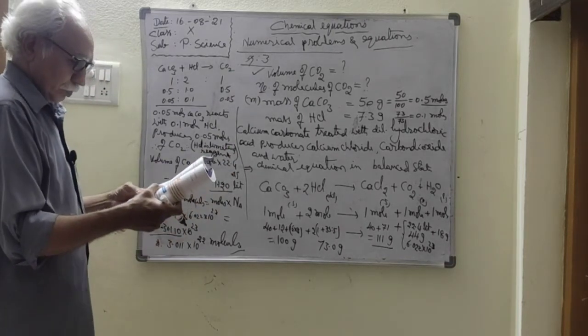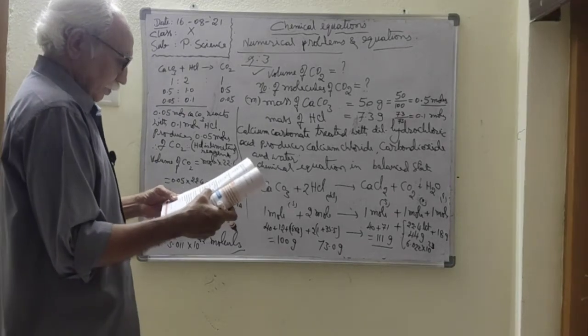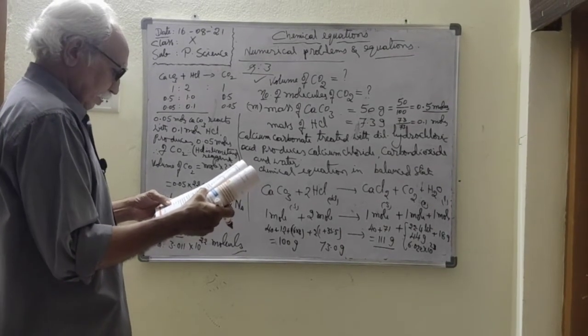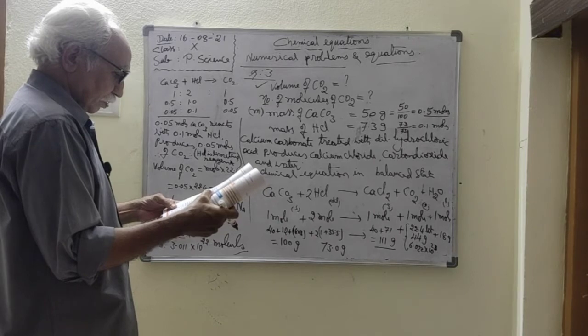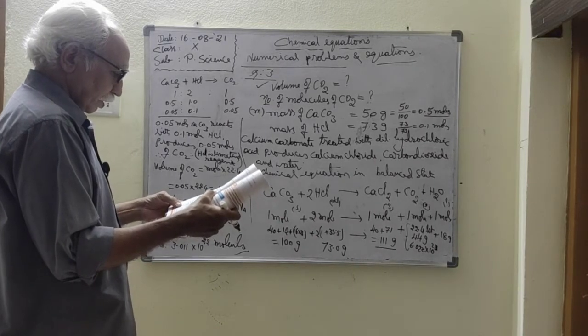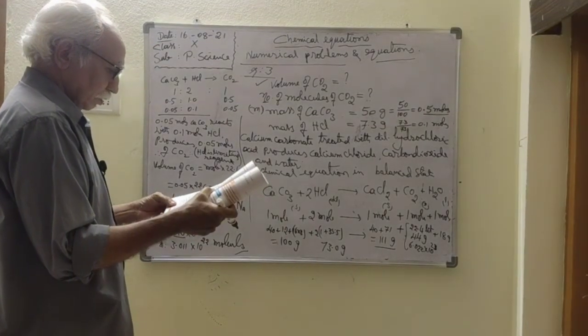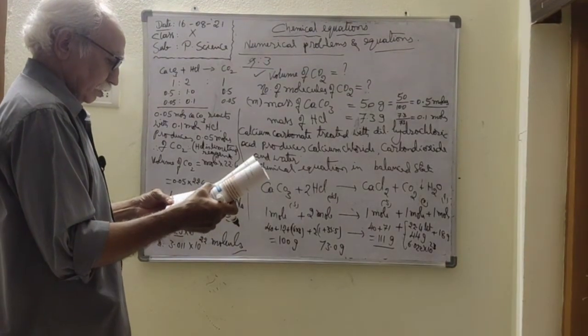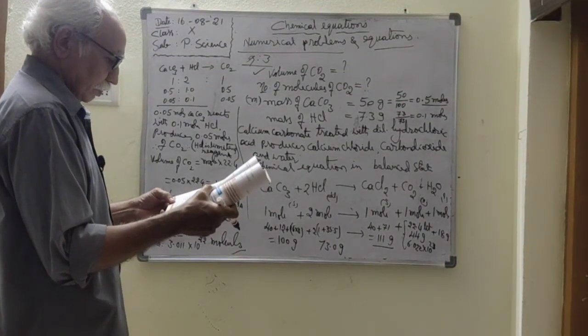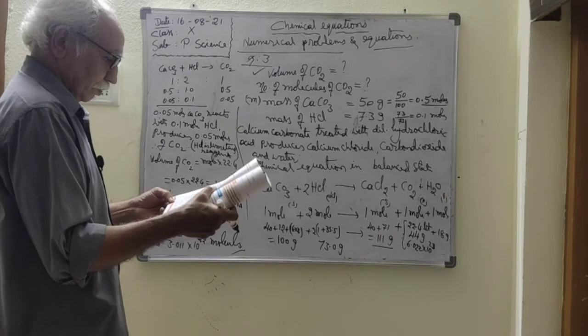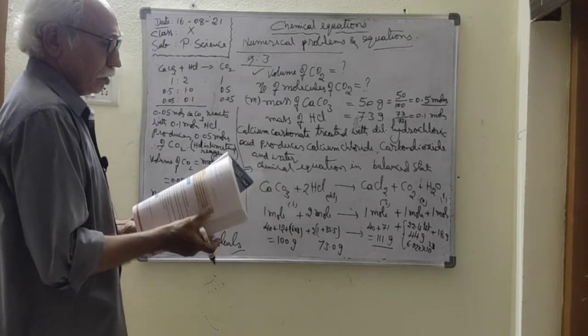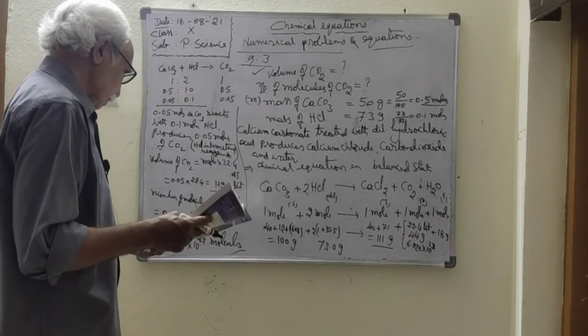So, therefore, 73 gram HCl produces 44 gram carbon dioxide. 7.3 gram HCl produces 7.3 by 73 into 44, that is 4.4 gram. So 4.4 gram carbon dioxide occupies how much? 2.24 liters.